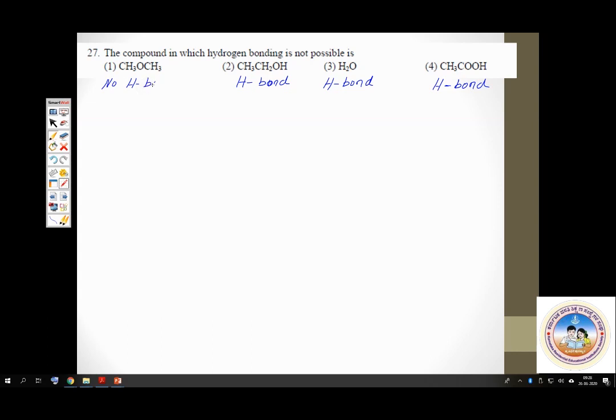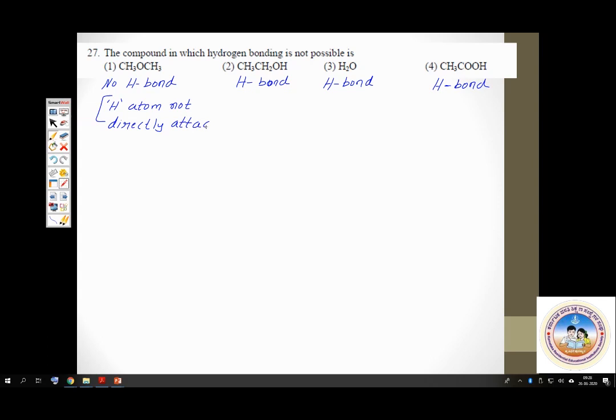Whereas in all the other options, option 2, option 3, option 4, the hydrogen atom is directly attached to oxygen. In ethers, there are hydrogen atoms, there is an oxygen atom, but the two are not directly attached. So ethers don't show hydrogen bonding. That's the answer.